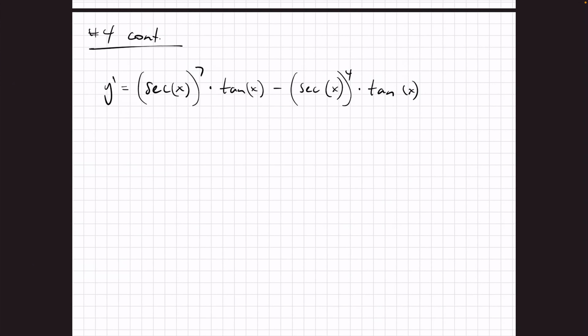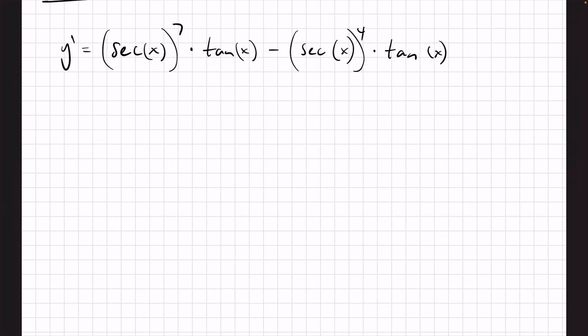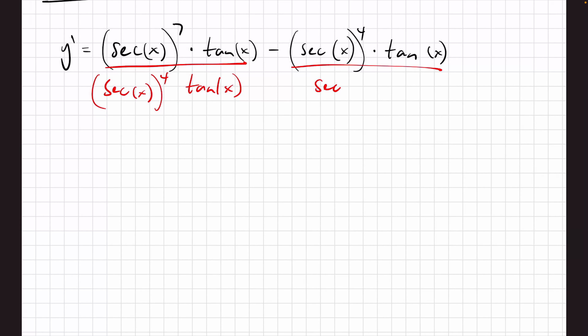Okay. So now you just see, oh, well, I can take out these two terms. I can divide them. The GCF of these two terms is tangent. I understand where he's coming from, where you can get rid of these. We just need to figure out how to get rid of this. So they both share secant of x to the 4th power, because they both have at least 4 secant of x's, and a tangent.